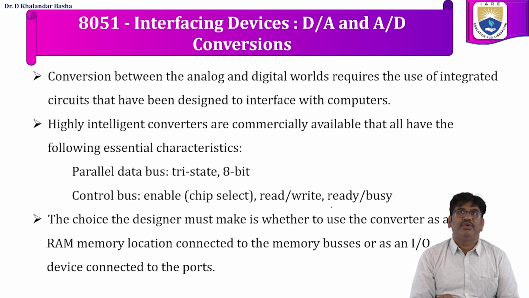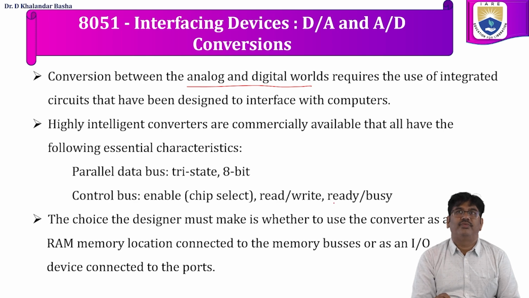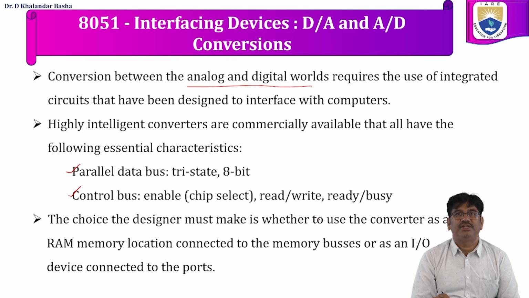So conversion between the analog and digital worlds requires the use of integrated circuits that have been designed to interface with computers. Highly intelligent converters are commercially available that all have the following essential characteristics: a parallel data bus, which may be tri-state and 8-bit size, and a control bus, which is used for chip select or read write logic, read, acknowledgement, status signals.